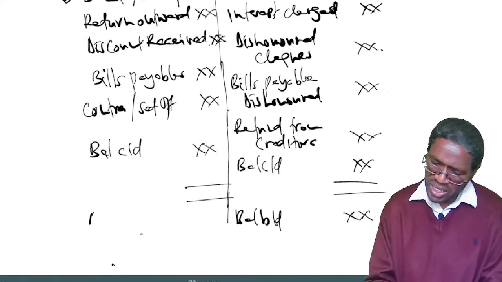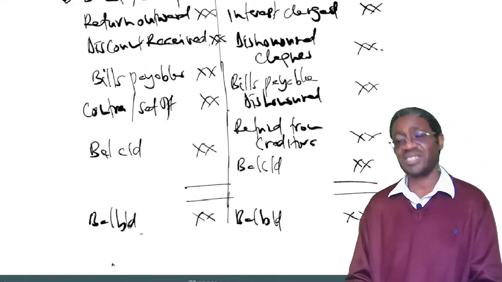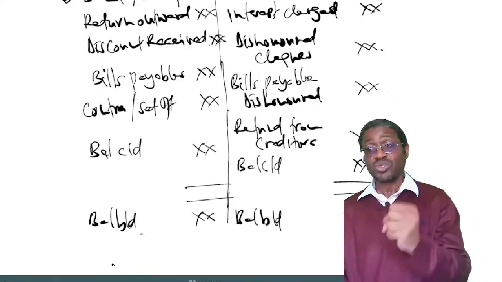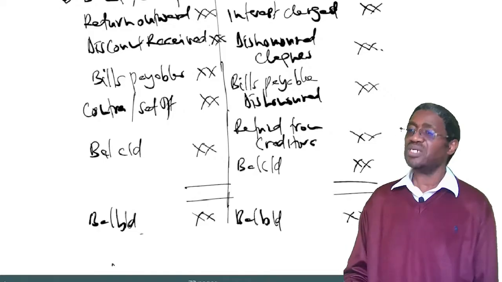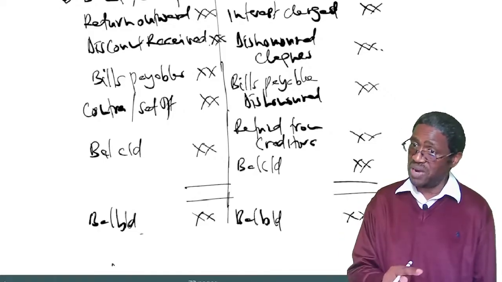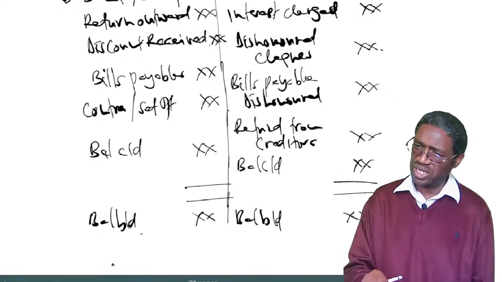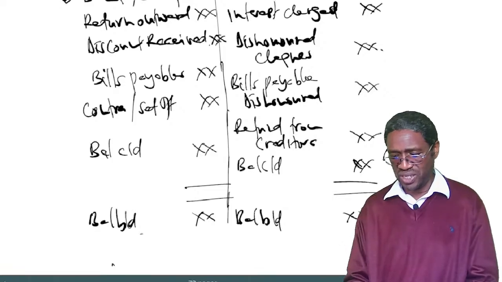So that when you bring it down by the beginning of the year, it will be shown as an asset, an amount that you are demanding from your creditors because you overpaid them. An asset is always a debit balance, but you cannot have a brought down on the debit side without a carry down. That's why we are carrying it down first on the credit side.